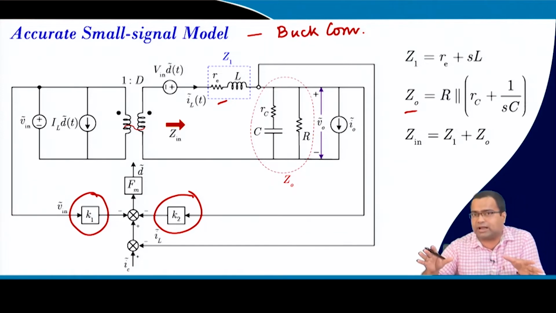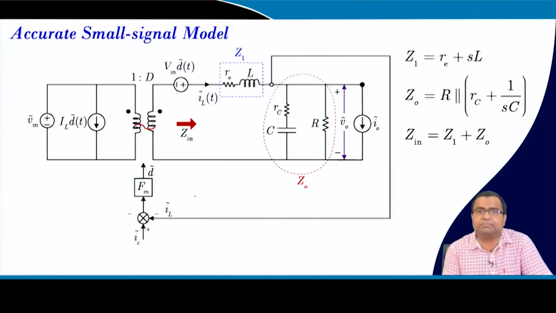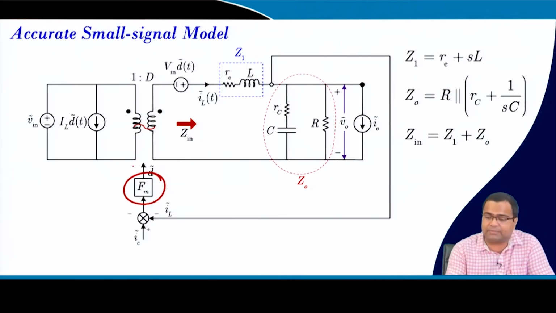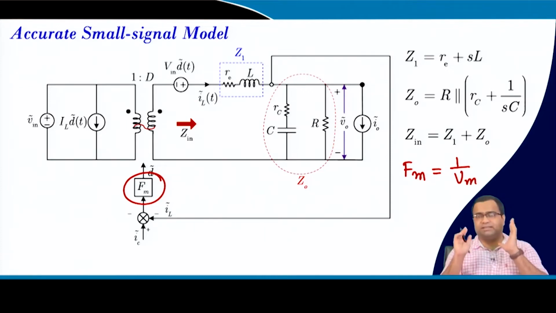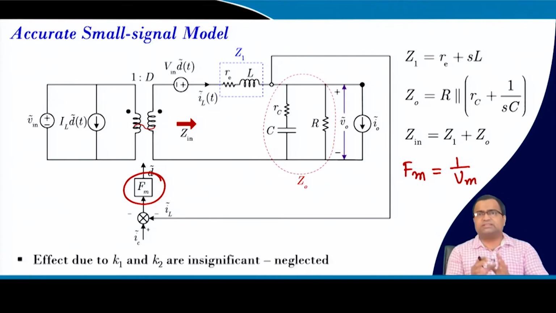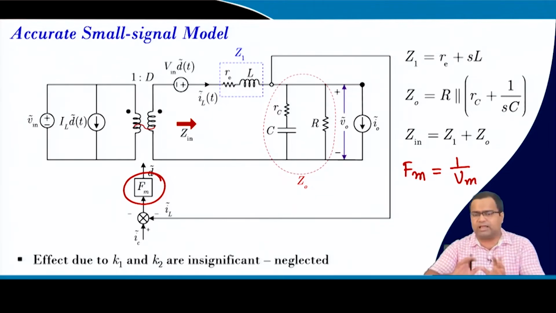Since we are slowing down the current loop, even in the modulator gain derivation, the slope effect will be primarily dominated by the compensating ramp. So, we will simply remove this, and our compensating ramp gain Fm is simply 1 by Vm, which is a ramp signal, correct. So, this is neglected for this analysis. We have already ignored this effect in our peak current mode control, and even if we include it, the effect is not very significant depending upon your load current and input voltage condition, but when we slow down the current loop, we can simply eliminate and neglect that effect.